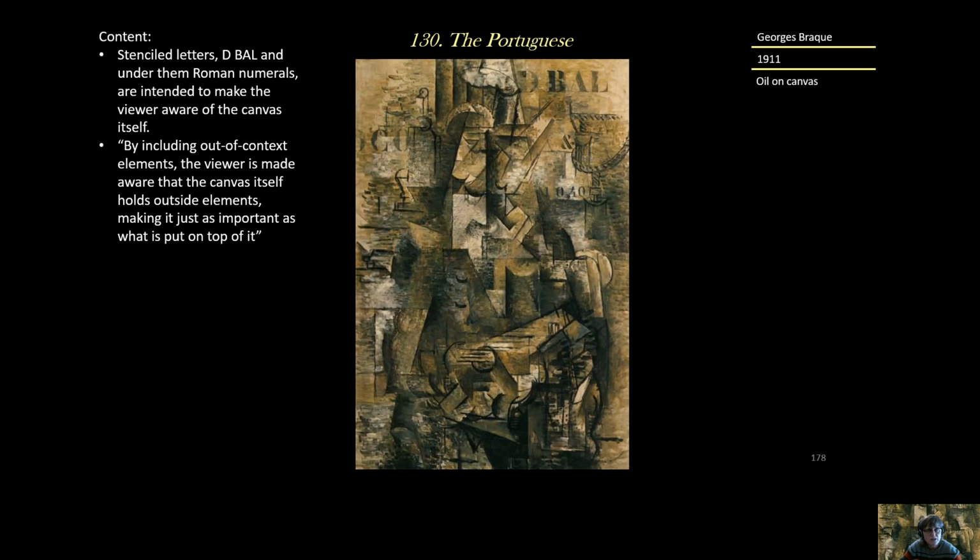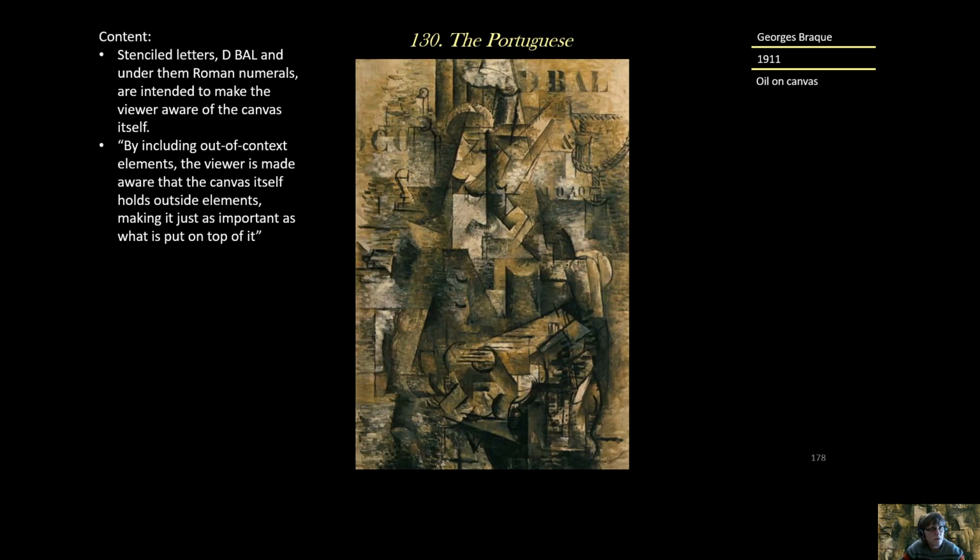The stenciled letters, "de ball," and the Roman numerals underneath it. And there are more letters here throughout that are stenciled. These are numbers here. The claim is that these help the viewer understand that you are looking at something that has been printed on a canvas, and so that the canvas can hold the paint, but it is also a part of the art as well.